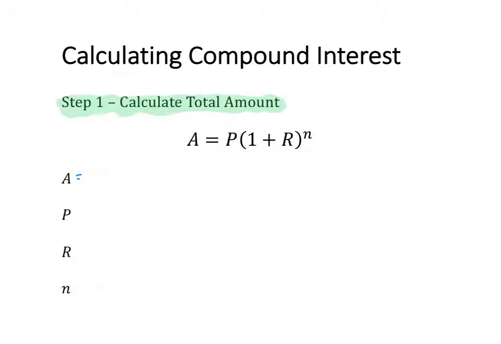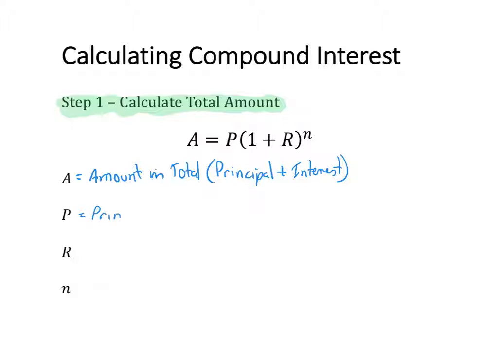So A represents the amount in total. And that total amount is the principal plus the interest. So how much at the end of the investment or at the end of the loan that you've got in total. P is the principal, so the original amount you are starting with.